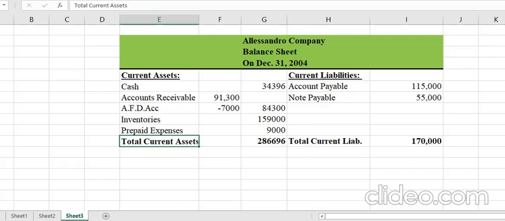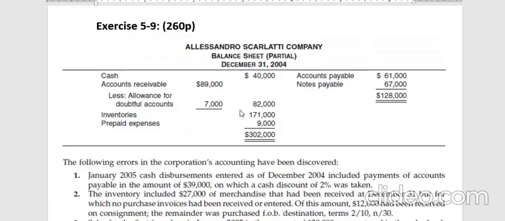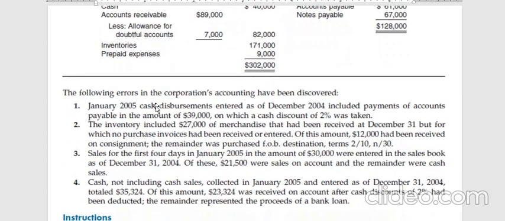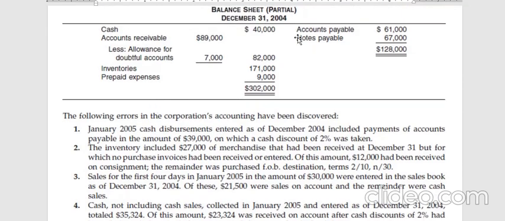So what did we do? We were given a partial balance sheet comprising current assets and current liabilities only. Then we realized that we made some mistakes, related to the information given to us. These mistakes were adjusted, and when you adjust, the dollar amounts shown here also get adjusted.